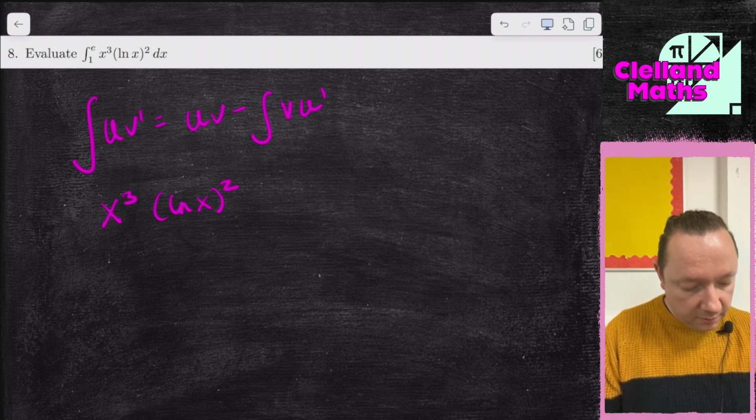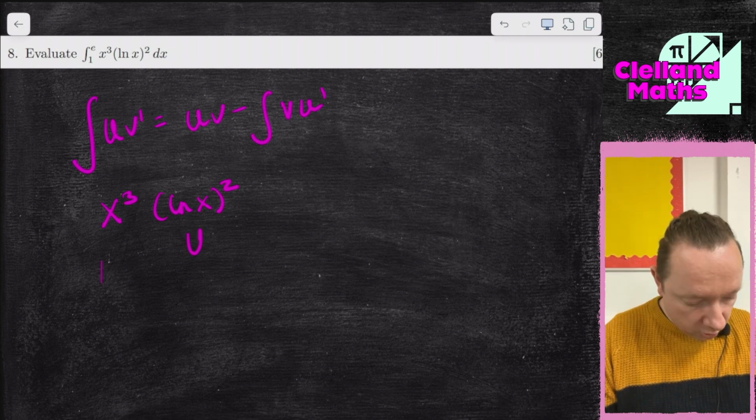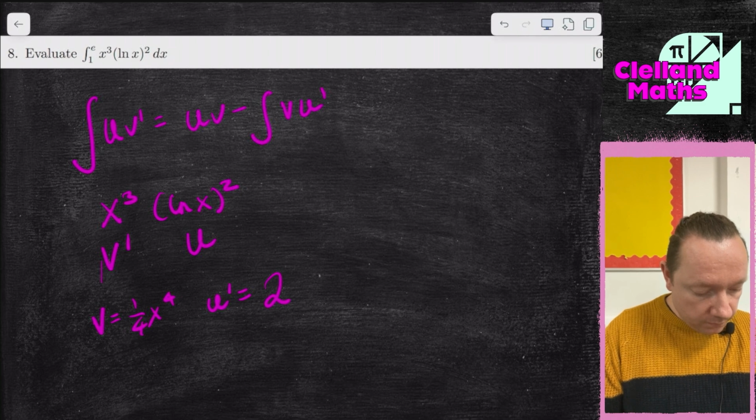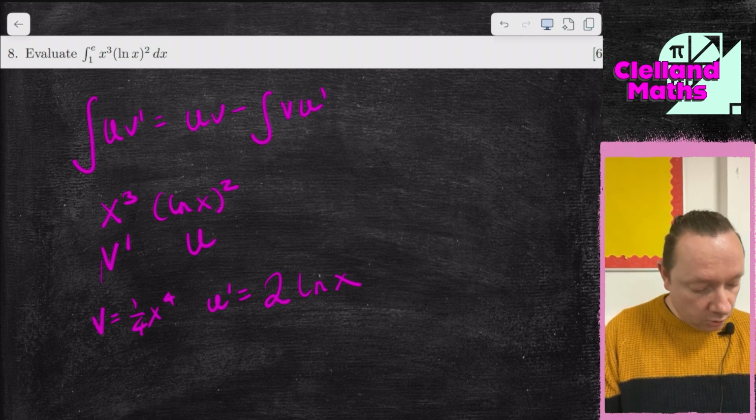I can't integrate that anyway, I don't know how to integrate log x. So I've got my u be this, and this be my v dash. So then my v is equal to a quarter x to the 4, and my u dash, well, that's 2 log of x times the log of x differentiated because of the chain rule, which is 1 over x. So it's 2 log x over x.